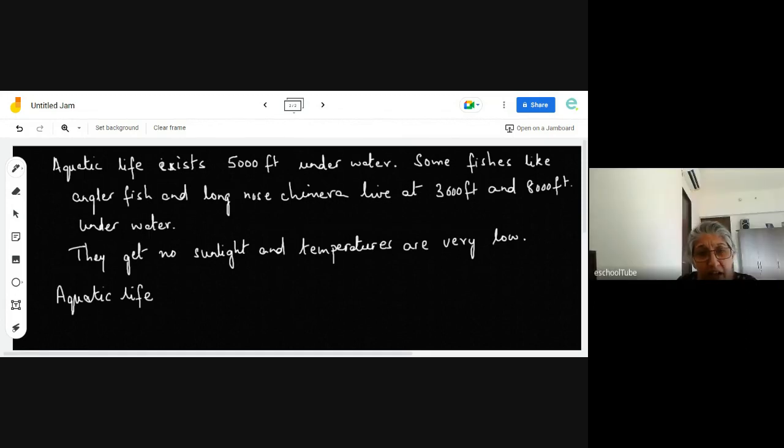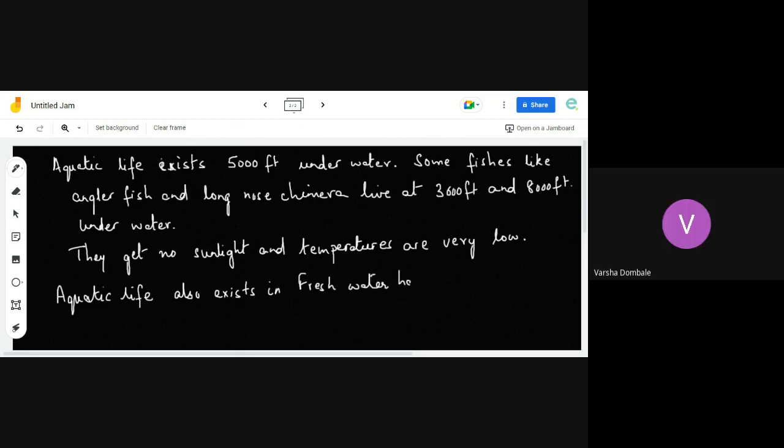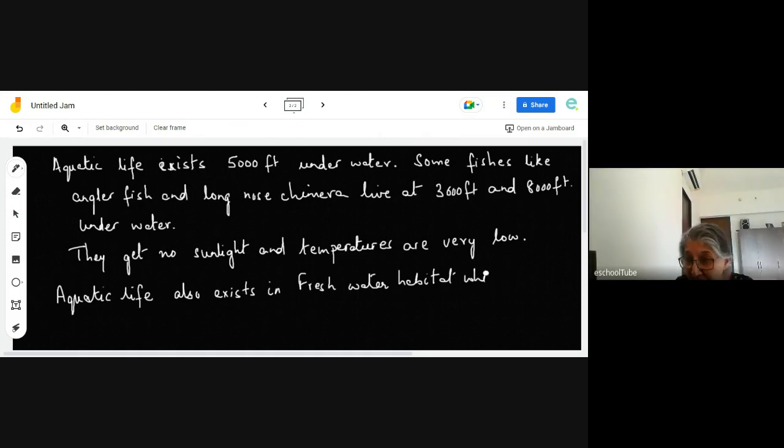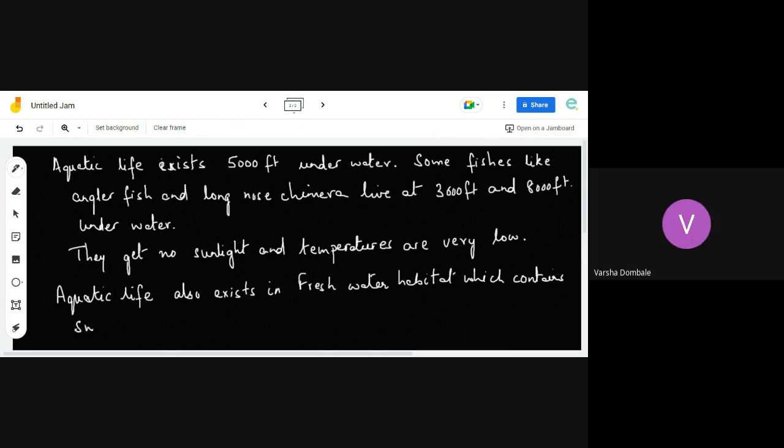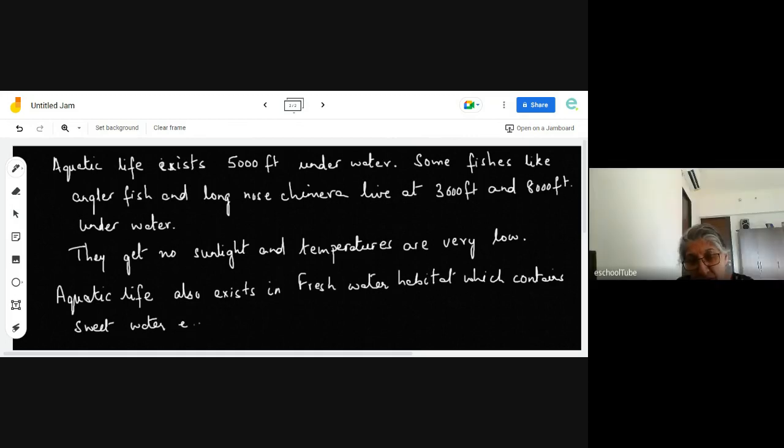Okay, aquatic life also exists in freshwater habitats. What is a freshwater habitat? Which contains sweet water. Examples?